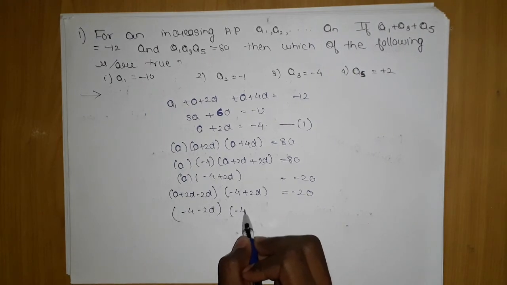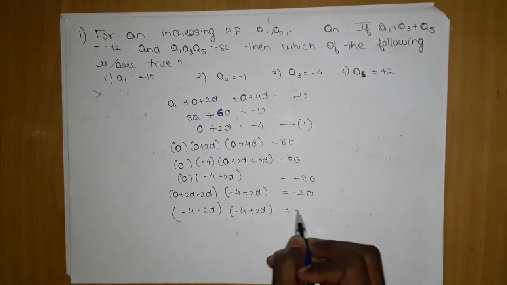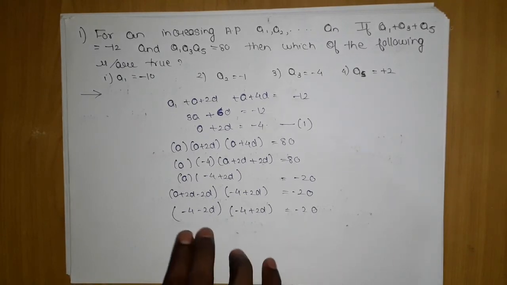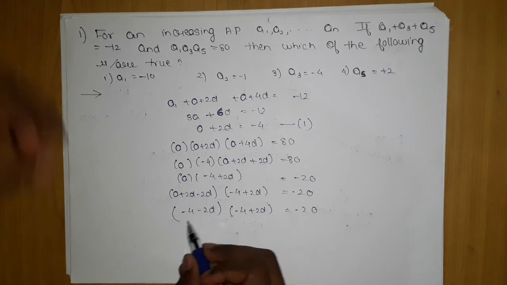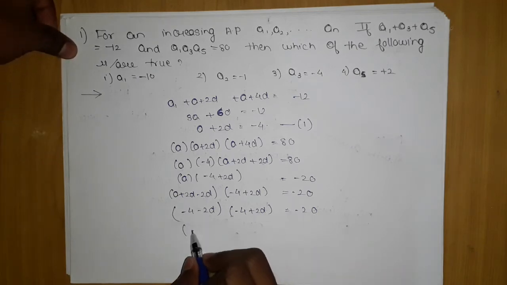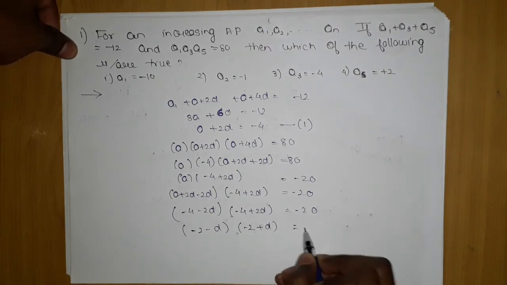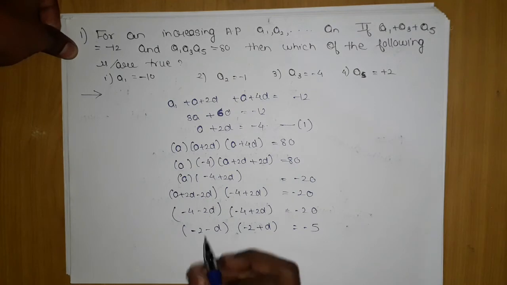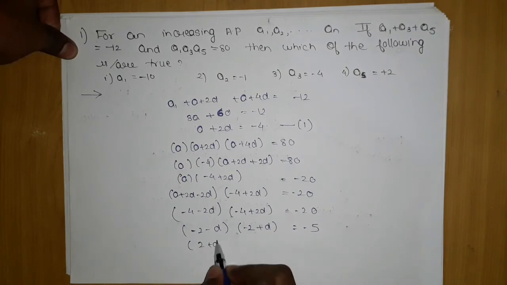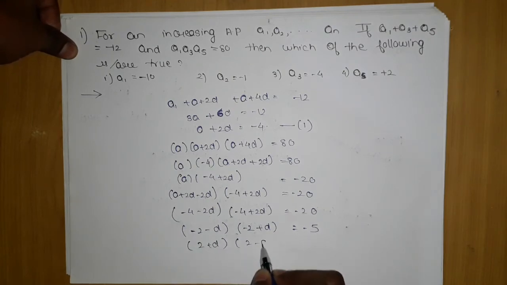Which will give me minus 4 plus 2D, and this will become minus 20D. Now I will divide throughout by 4, which will give me minus 2 minus D and minus 2 plus D, and here it will give me minus 5. When I take minus outside, I will be left with 2 plus D, and here it is minus, so 2 minus D, it will become 5, so it will become 4.